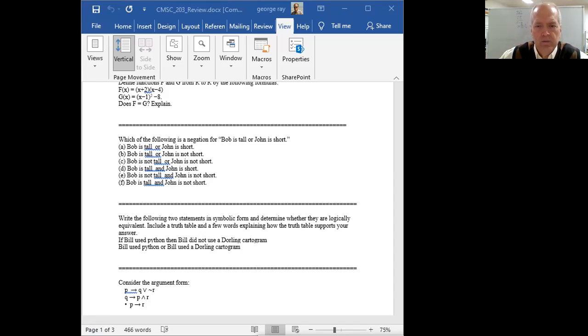And part of that operation is we do the negation of each of the statements or propositions in the or statement. So our negation is going to be Bob is not tall and John is not short. We change the or to an and, and we negate each of the statements on either side of the or.